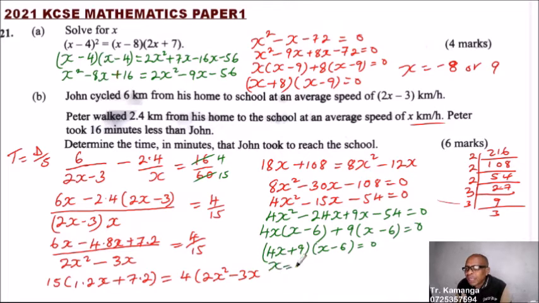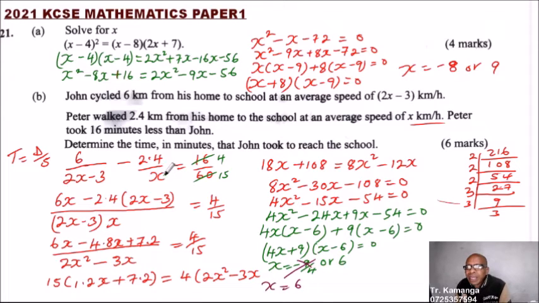So x is equal to minus 9 over 4, or x is equal to 6. Because x represents a value, then we ignore the minus value. So we say our x is equal to 6.